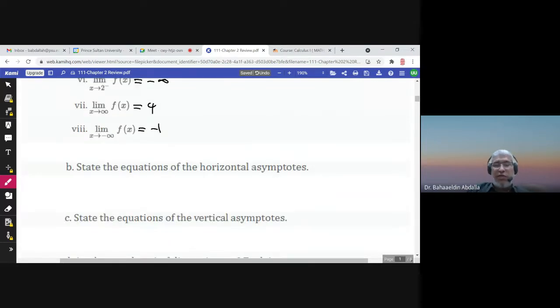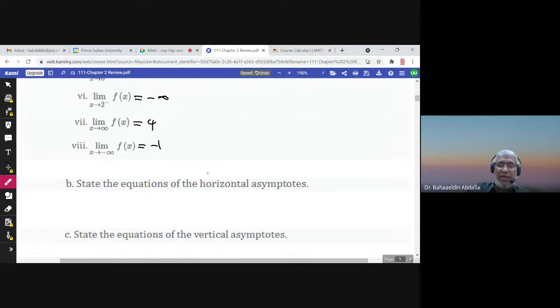State the equation of the horizontal asymptotes. Horizontal asymptotes are found using limits at infinity. So when x approaches infinity, f of x approaches 4, this means that the line y equals 4 is a horizontal asymptote. And the limit when x approaches negative infinity of the function is negative 1, this means that the line y equals negative 1 is also a horizontal asymptote.